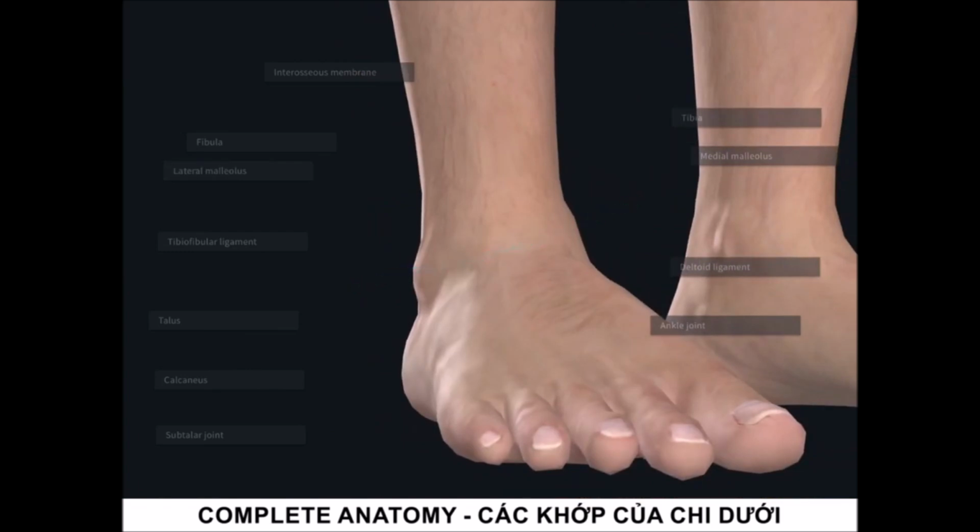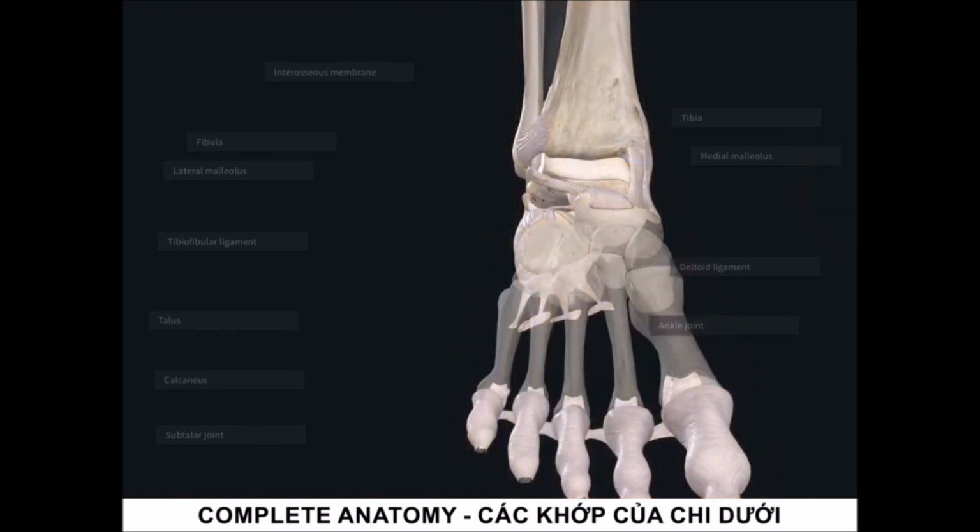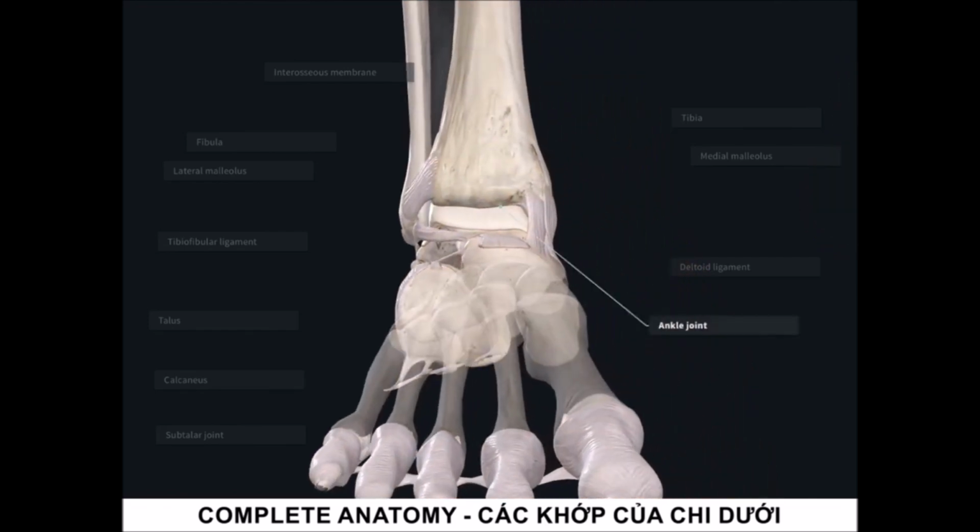On yourself, the ankle joint can be felt on the front of your ankle as a slight depression between the tendons. The ankle joint, or more properly the talocrural joint, is a hinge type of synovial joint involving the distal tibia, the fibula, and the talus.